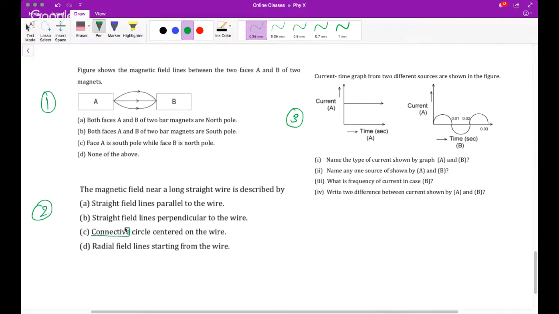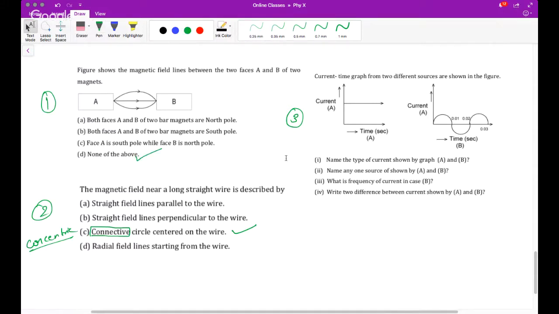This is concentric circles centered on the wire. 2C, correct. This is correct, and this is correct.